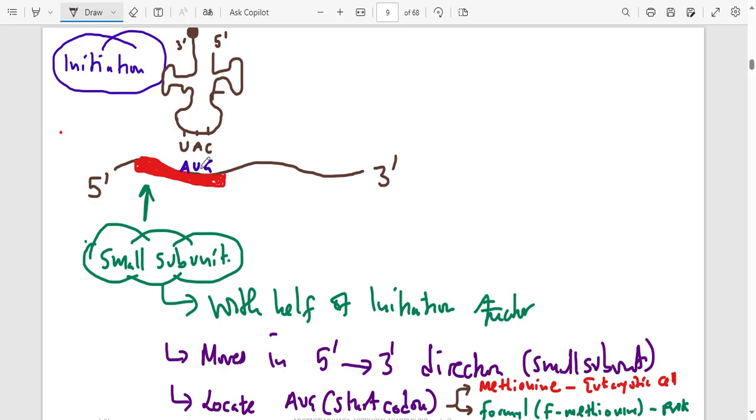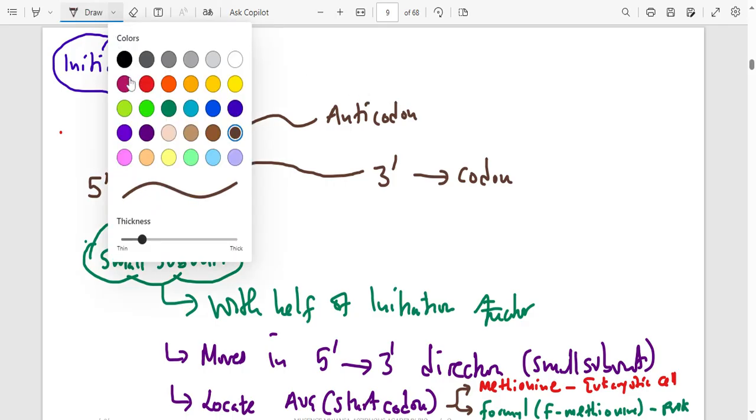The codon is found on what? On mRNA. So this one has got a codon, and then this one is the anticodon. The anticodon is what pairs up with the codon. I don't want you to forget that.